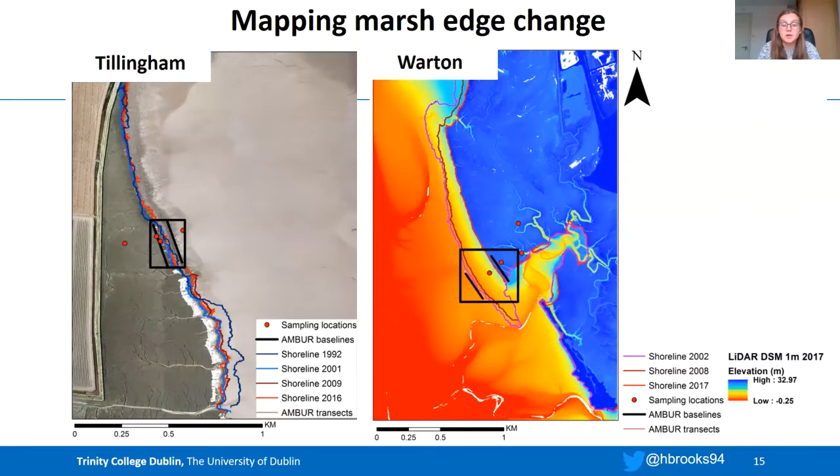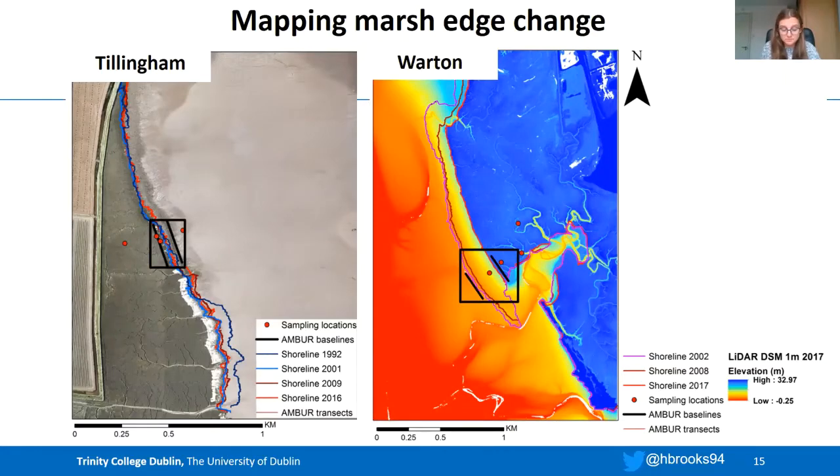While Tillingham over the monitoring period was retreating by about 30 centimetres a year, the area at Wharton was retreating by about 13 metres per year, which is really quite substantial and has considerable impacts down the line in terms of ecosystem services, especially if we're planning in terms of habitat provision.